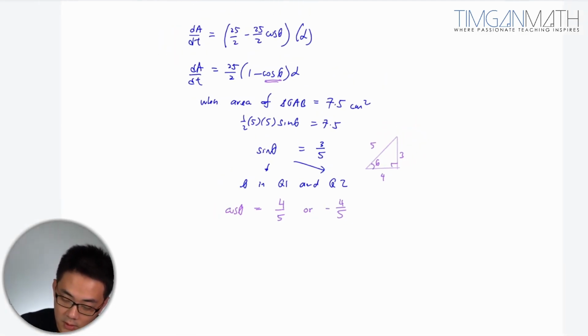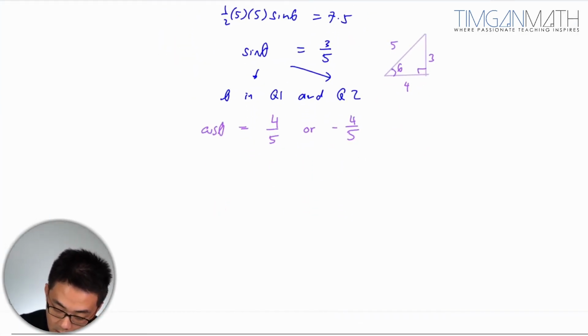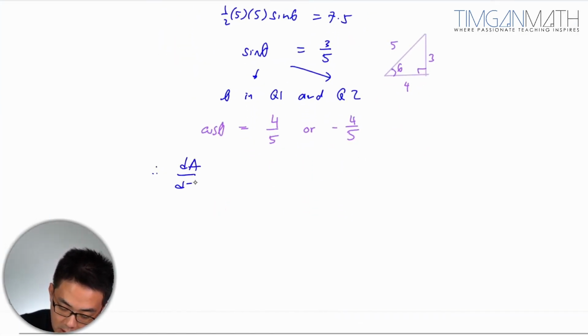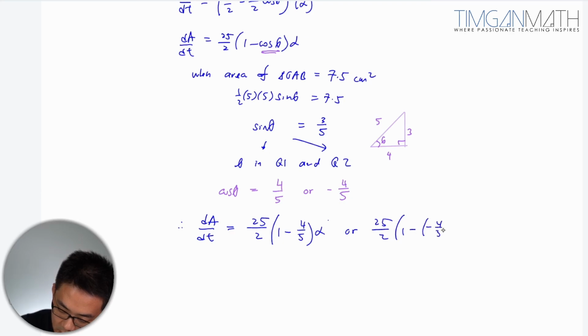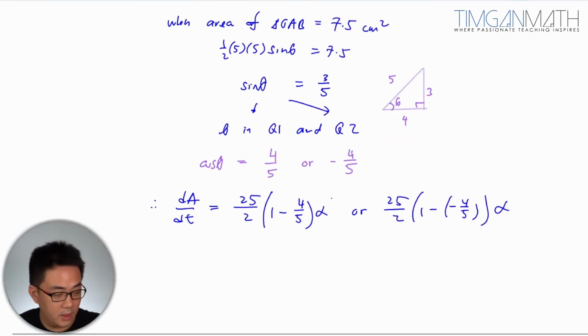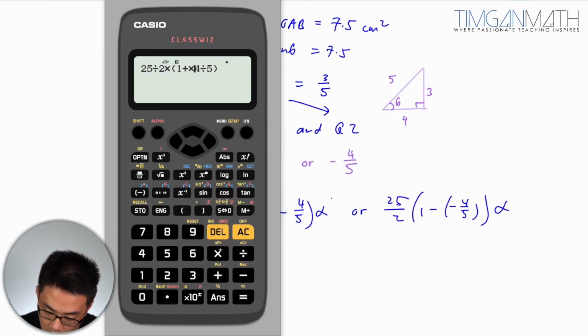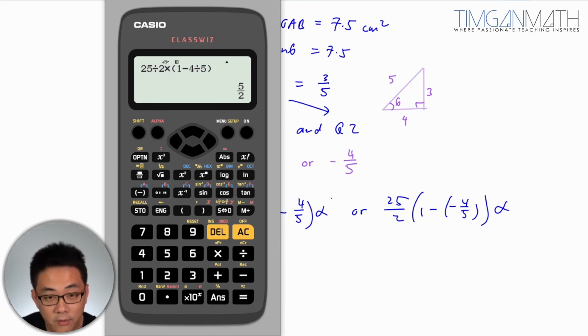Then we're just going to key in. Hence dA dt will be 25 over 2 times 1 minus 4 over 5 times alpha, or 25 over 2 times 1 plus 4 over 5 times alpha. And just key in the calculator. So this will be 5 over 2 alpha.